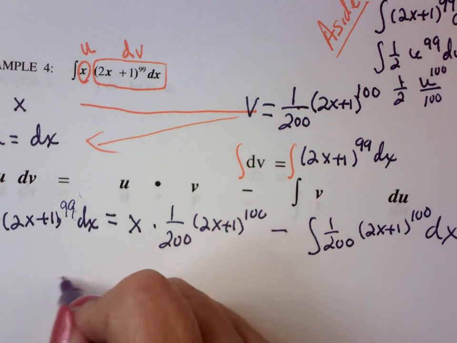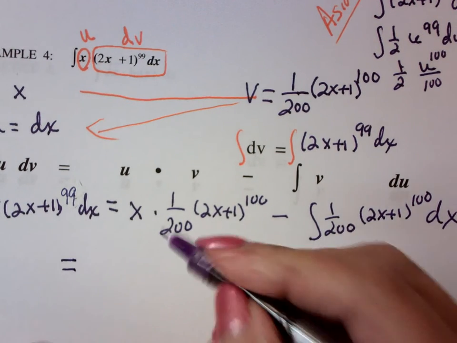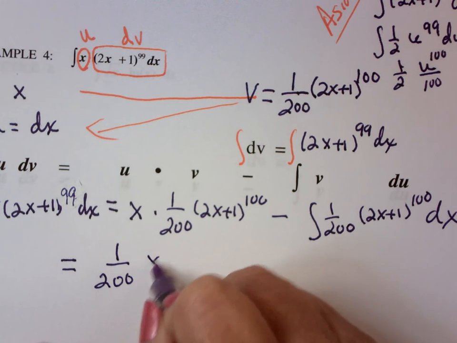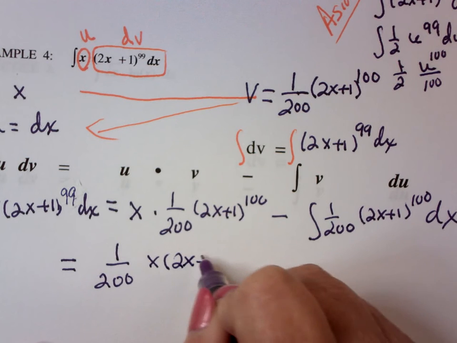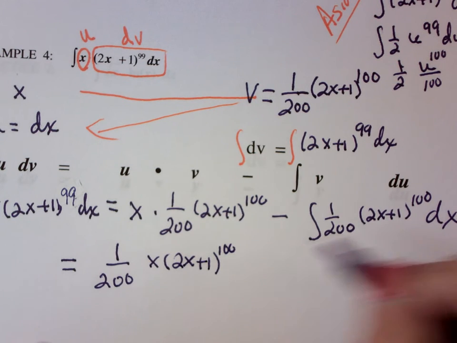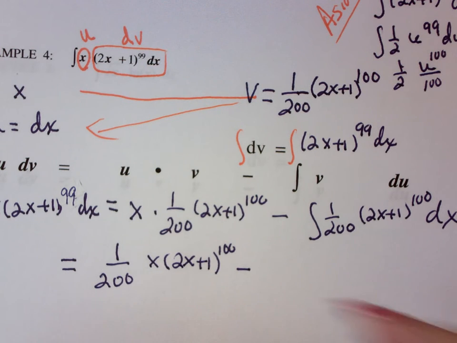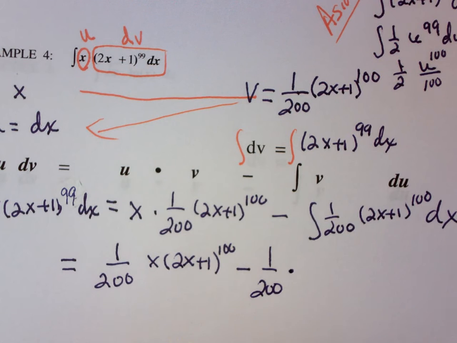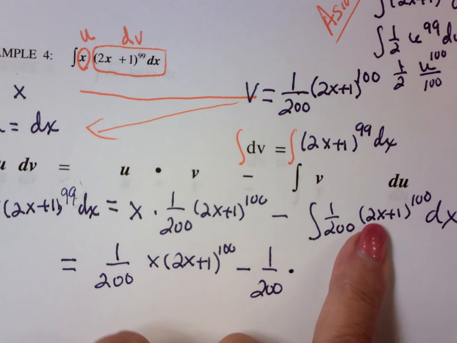So this is going to become equal to 1 over 200 x times 2x plus 1 to the 100 minus 1 over 200 times this integral.